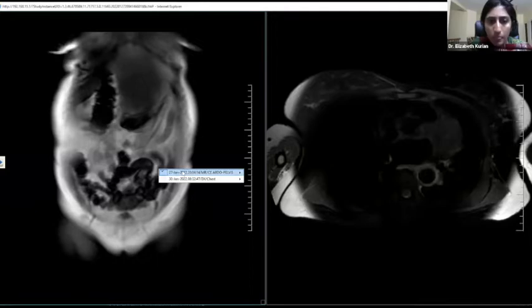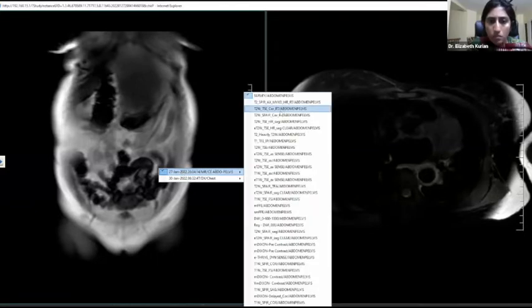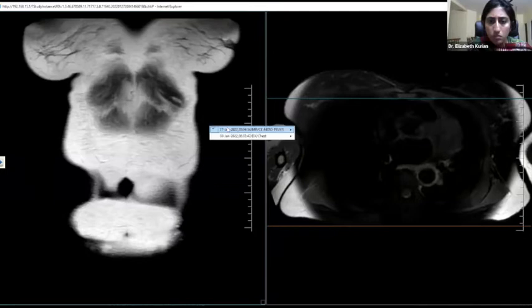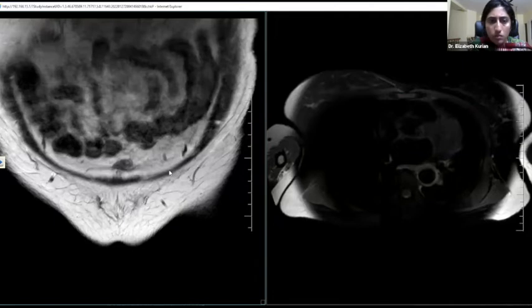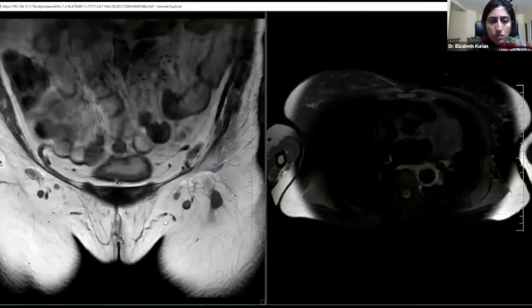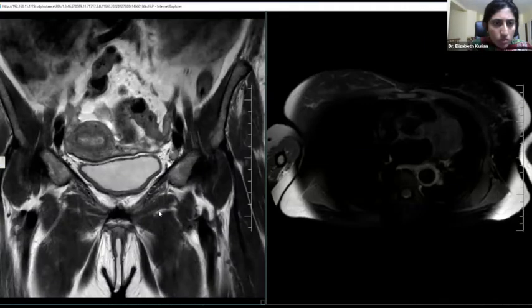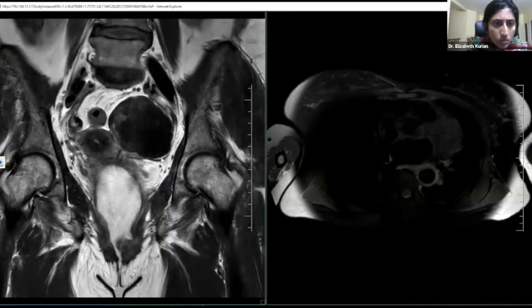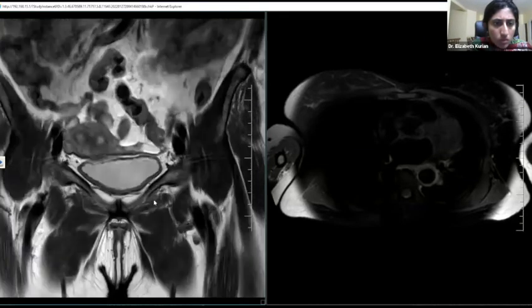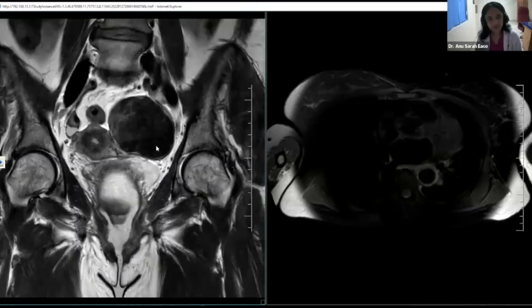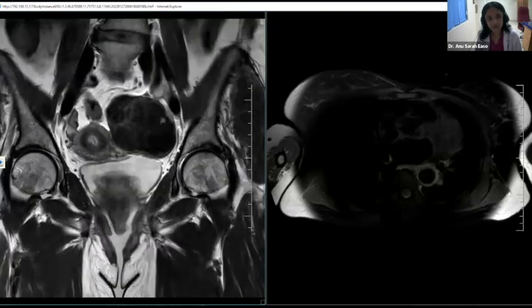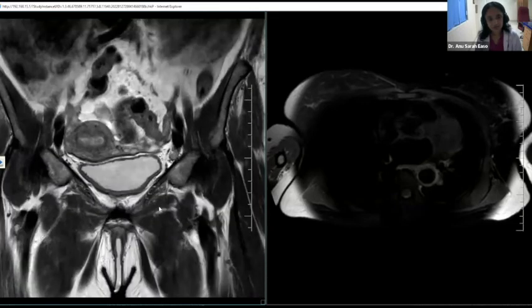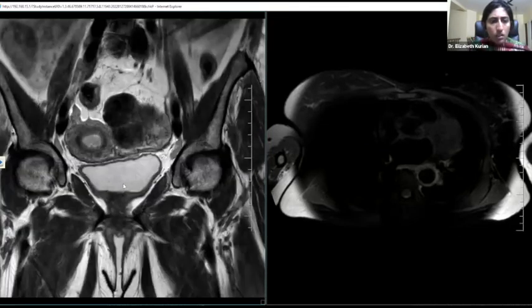Yes, ma'am. Intravaginal gel was administered, which we typically do in all our cases. This is the vaginal gel. This is the bladder.